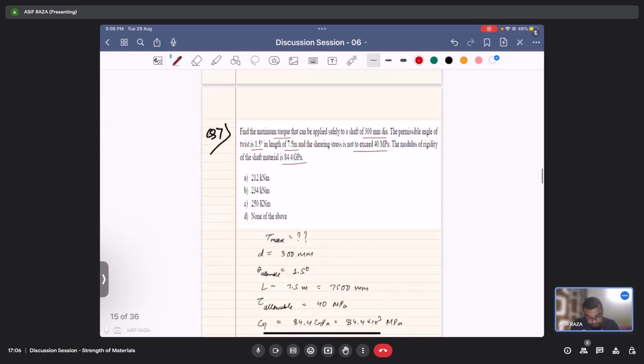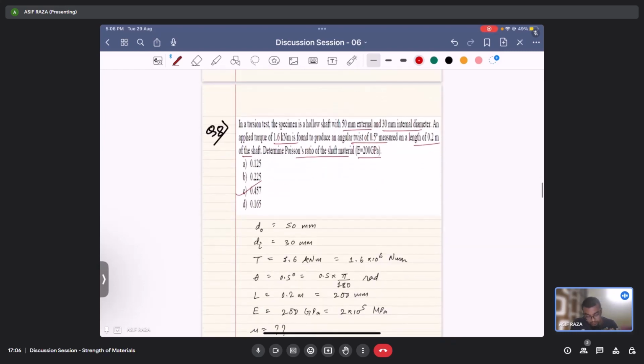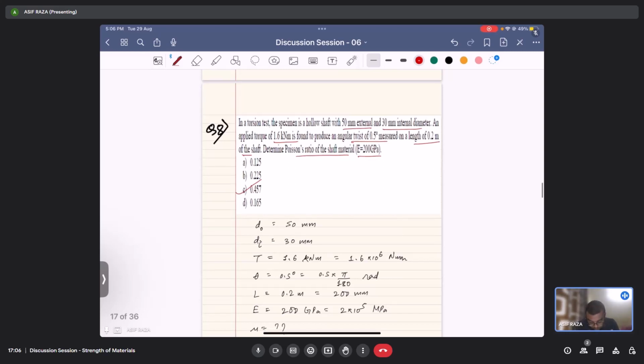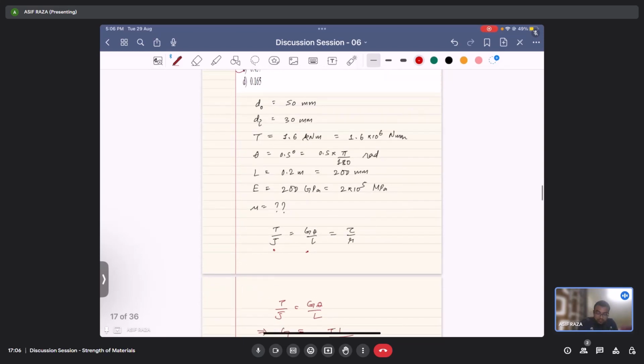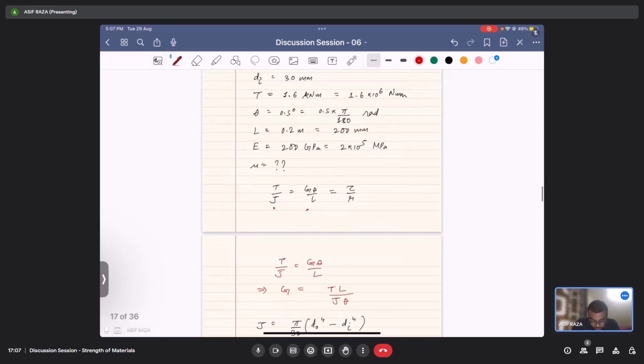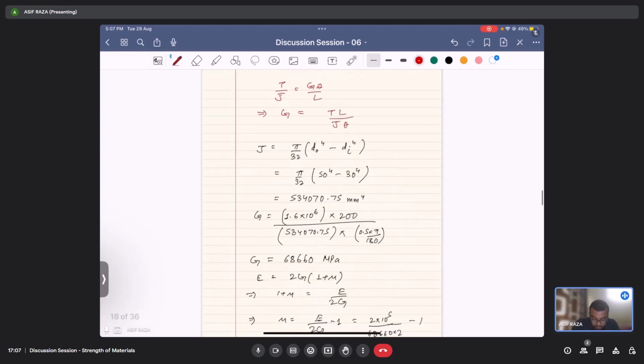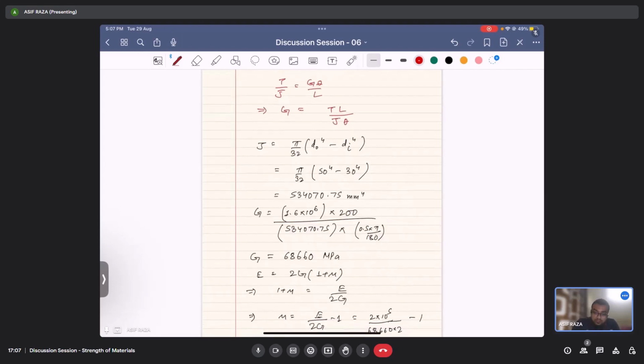So in the question it was already provided with external dia and internal dia. Torque was provided, angular twist was provided with the length of the section, and we needed to calculate Poisson's ratio while the Young's modulus was already given. So we just need to use the first and second expression of the torsion equation, and the additional equation was the relation between Young's modulus with shear modulus and Poisson's ratio.